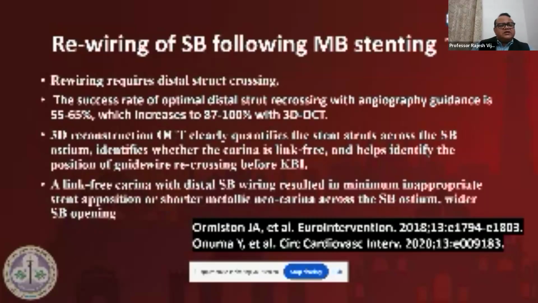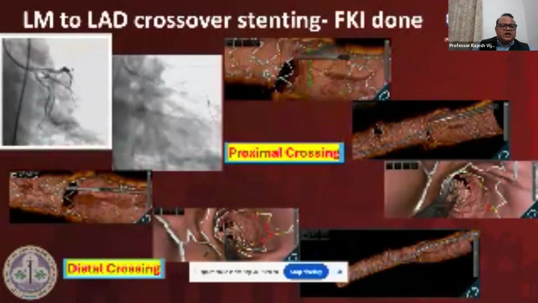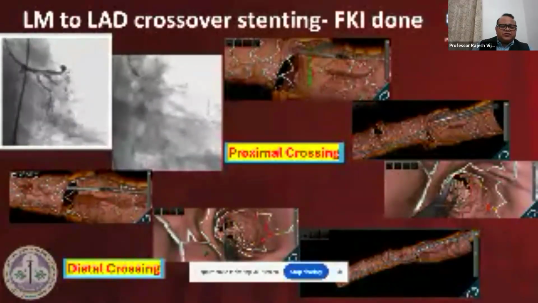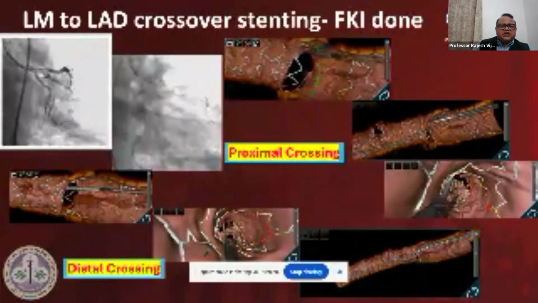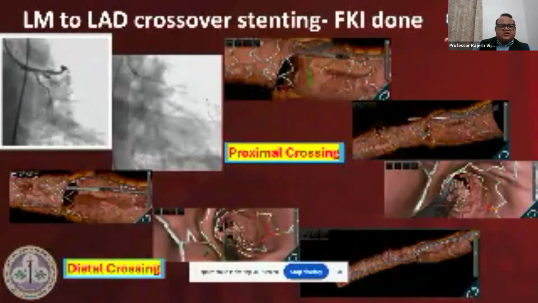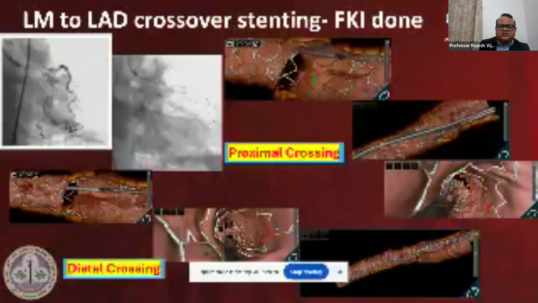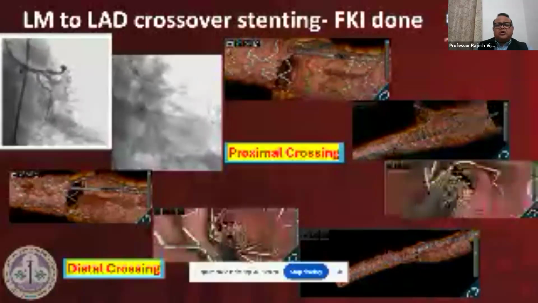So in this particular case, left main to LAD stenting had been done. And then, for the final kissing, I was crossing the wire fluoroscopically, proximally versus distally, which is difficult to assess. And then you can appreciate in this 3D reconstructed OCT run, the upper three are the ones where there is a proximal crossing.